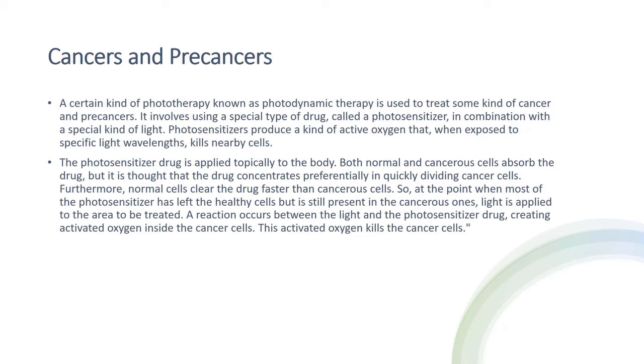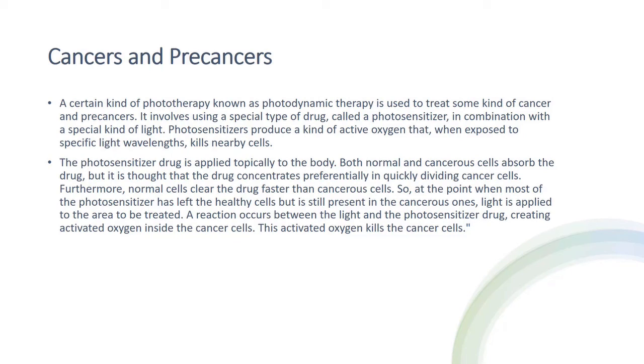Cancer and precancers. A certain kind of phototherapy, known as photodynamic therapy, is used to treat some kinds of cancer and precancers. It involves using a special type of drug called a photosensitizer in combination with a special kind of light. Photosensitizers produce a kind of active oxygen that, when exposed to specific light wavelengths, kills nearby cells.